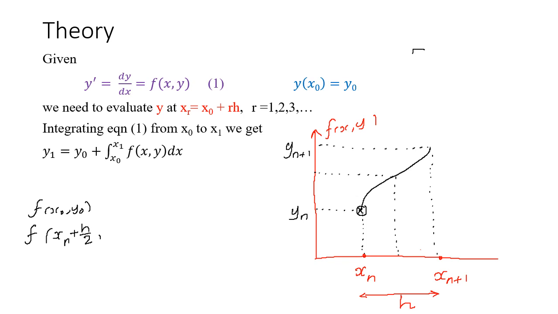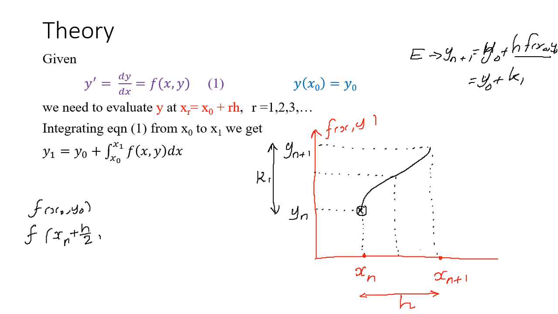So using Euler's method gives yn plus 1 as y0 plus h into f of x0, y0. You can call h into f of x0, y0 as some k1. So this point is at this distance as a first approximation. This distance is just k1, and we assume that this point is k1 by 2.